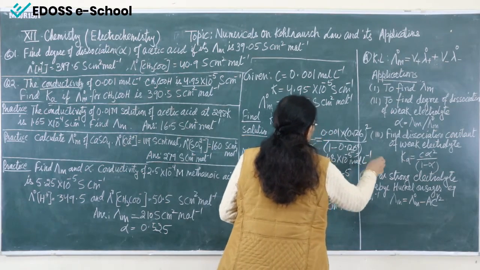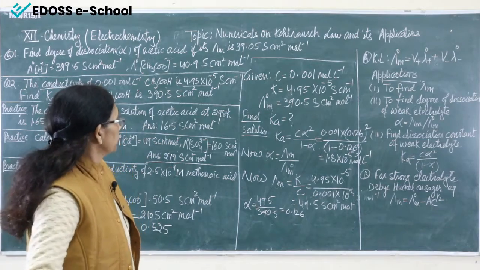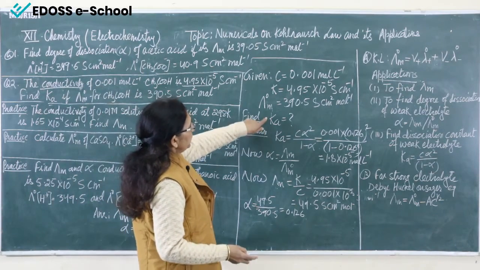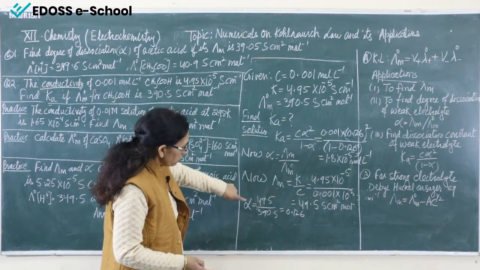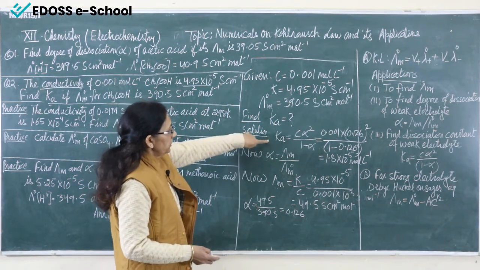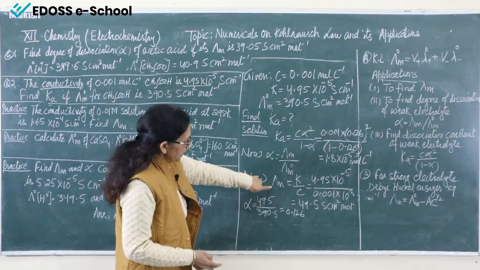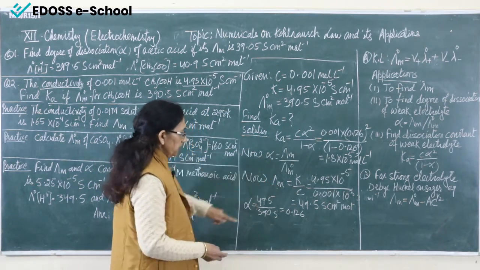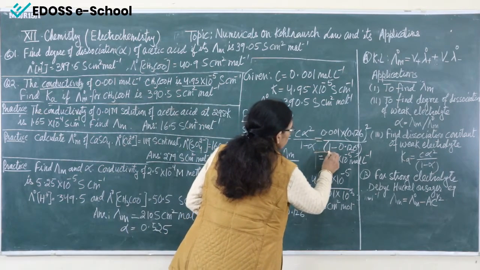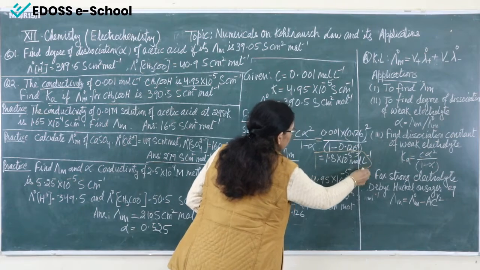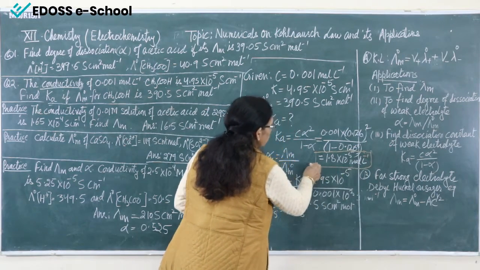So in this question you can see now, we have to find only Ka, and for Ka we have to find alpha first. For finding alpha we have to find lambda m. Okay, so this is our final answer.